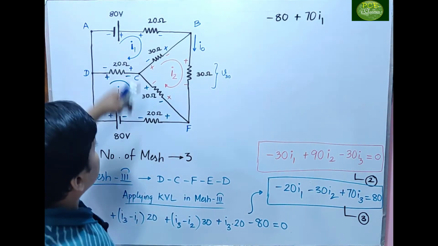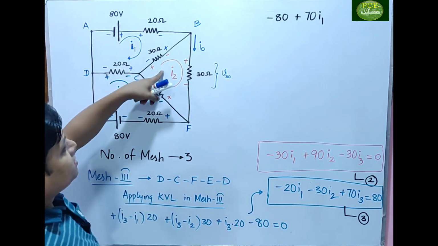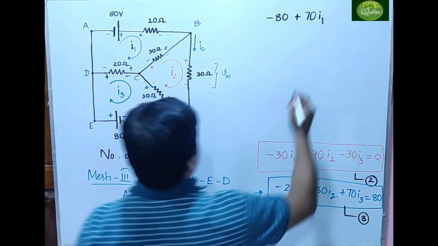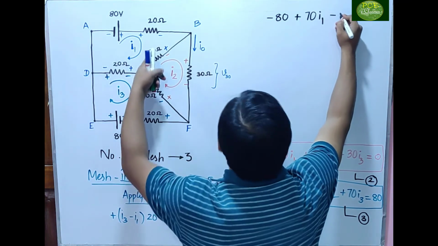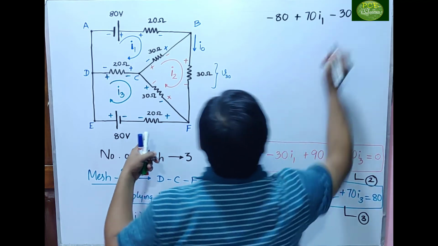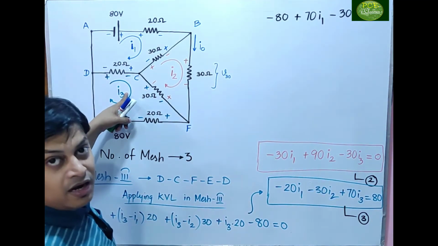Clear? Next. Is there any resistor where two currents are flowing? Yes, here it is. Which is flowing? I2. So write this as minus 30 multiplied with I2. Any other? Yes, 20 is there. Which other current is flowing? I3.